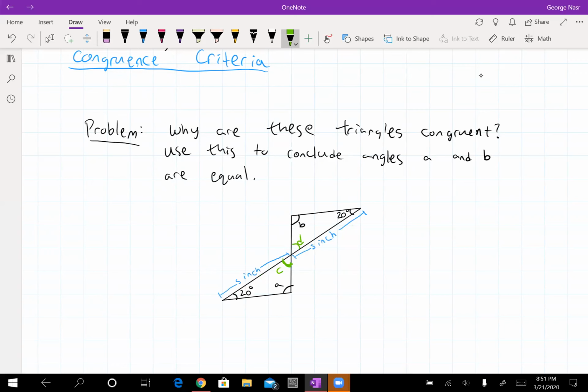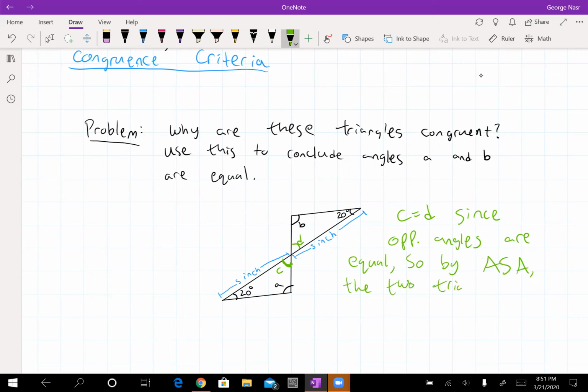So C equals D, since opposite angles are equal, so by angle, side, angle, the 2 triangles are congruent.